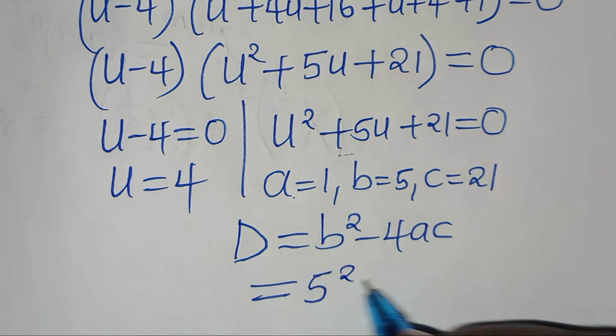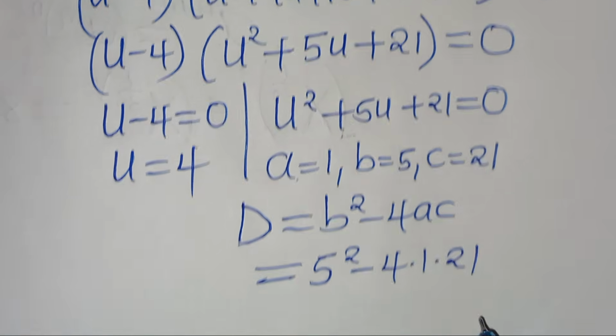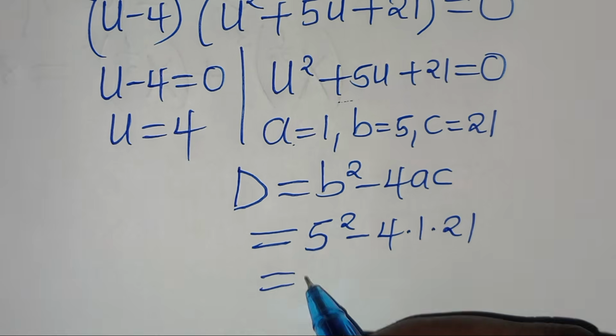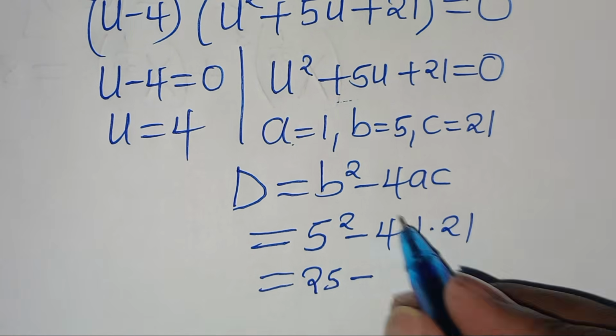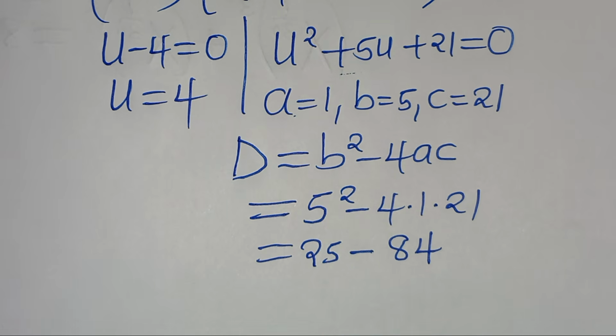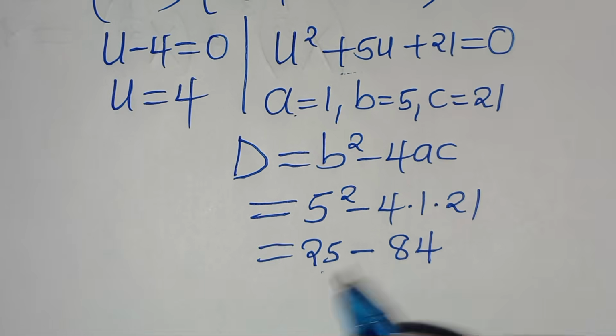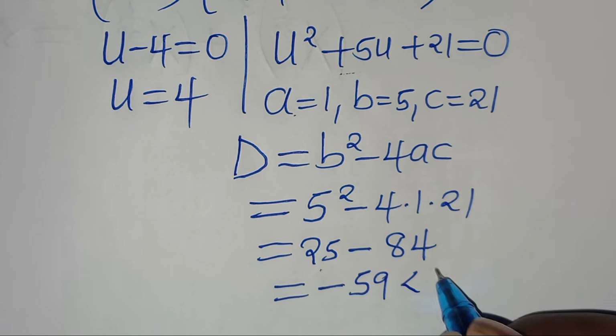Now, let's substitute a, b, and c in this formula. So this is 5 to the power of 2 minus 4 times 1 times 21. So this is 5 squared, this is 25, subtract 21 times 4, this is equal to 84. So 25 minus 84, this is equal to negative 59, and this is less than 0.